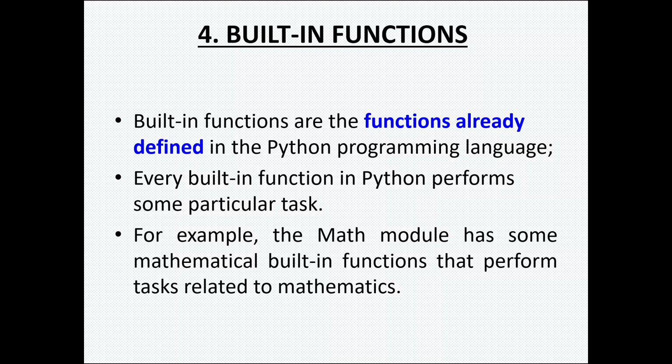Built-in functions. Built-in functions are the functions already defined in the Python programming language. We can directly call them to perform a particular task. Every built-in function in Python performs some particular task. For example, the math module has some mathematical built-in functions that perform tasks related to mathematics.